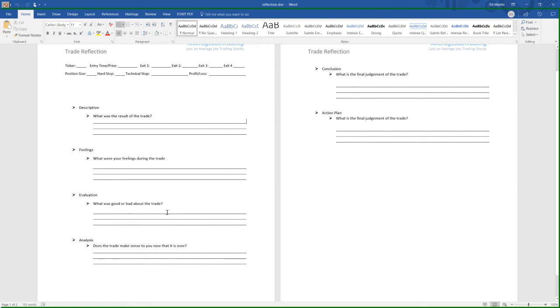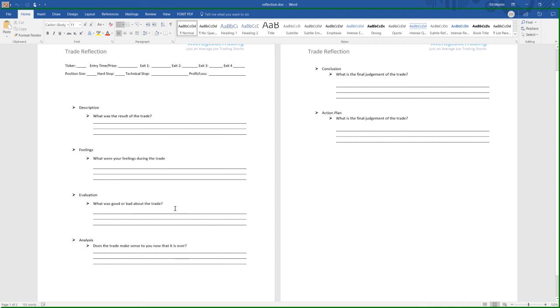But the bad thing is I let greed creep in and I didn't take it off when I should have. When it dipped down again, when it started to come back up, I really should have taken it off. I'd have been 10 cents away from my target, but that would have been great. That would have been a win.